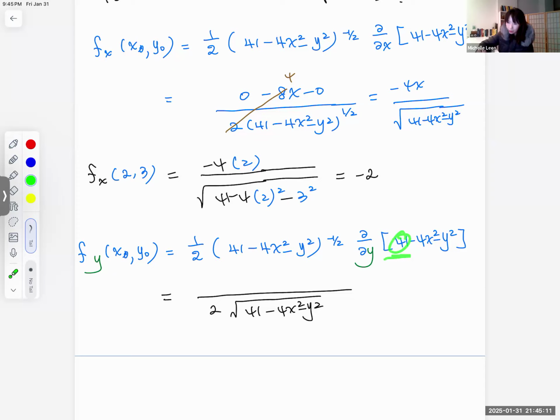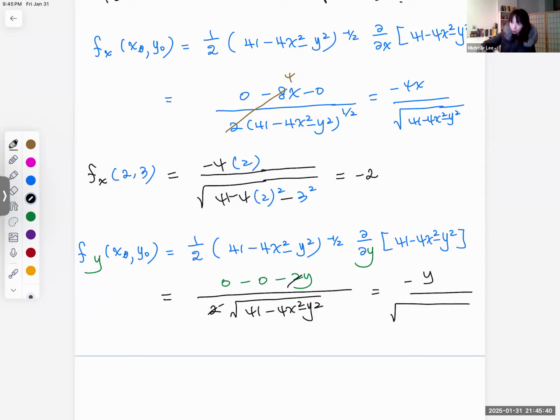So this is 0 minus 0 minus 2y. Okay, simplify. So we get negative y over the square root of 41 minus 4x squared minus y squared, right?